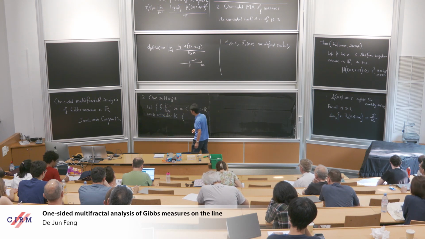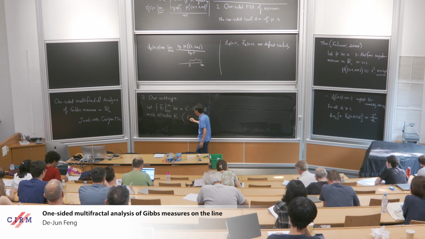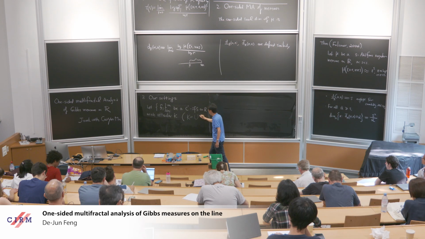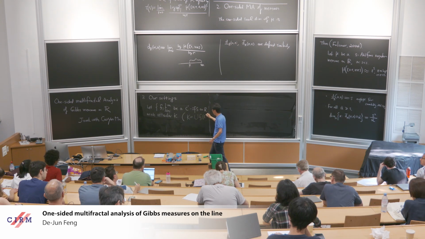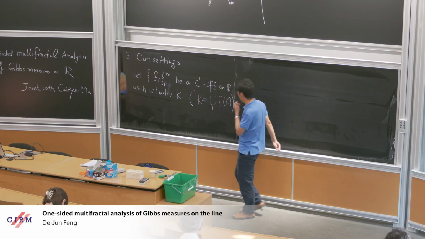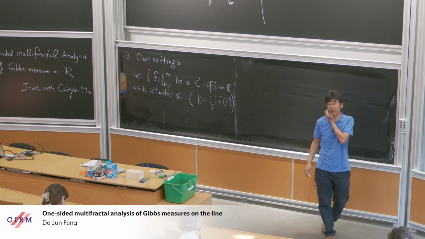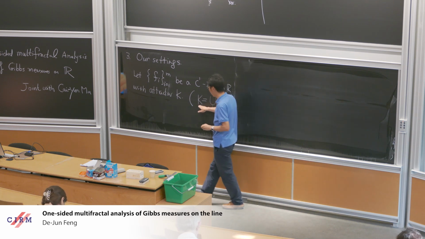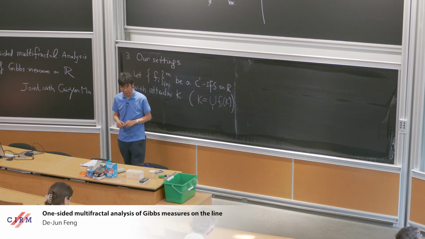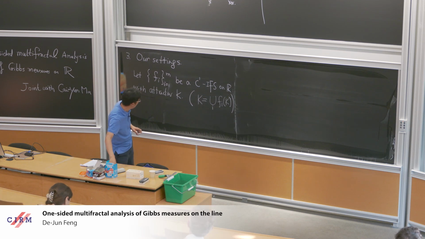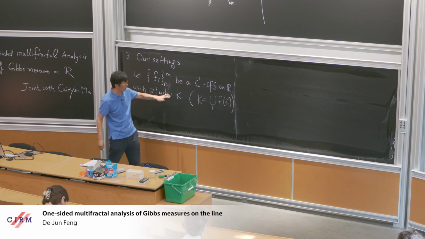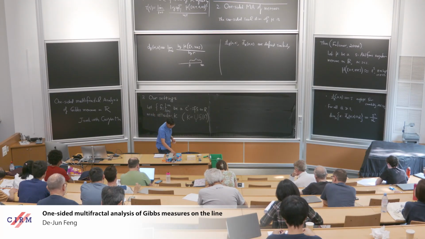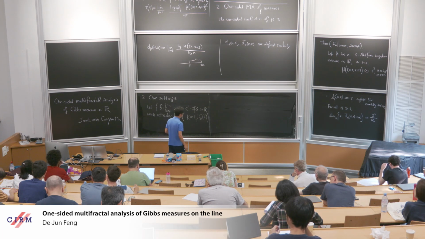By Hutchinson's theory, we know that K is the unique non-empty compact set such that K is equal to the union of the images of K under the mappings f_i. So K is called a self-conformal set because on the real line, any C1 function is conformal if the derivative is not equal to 0.